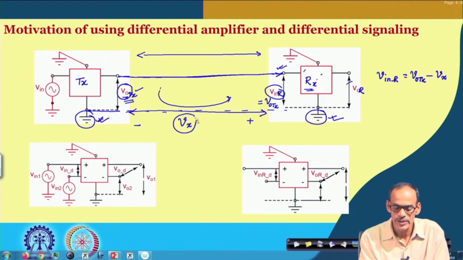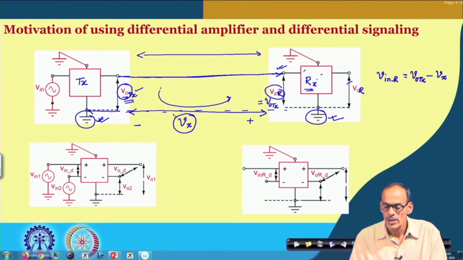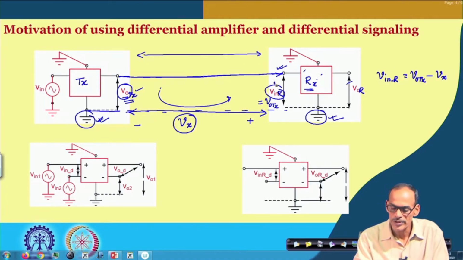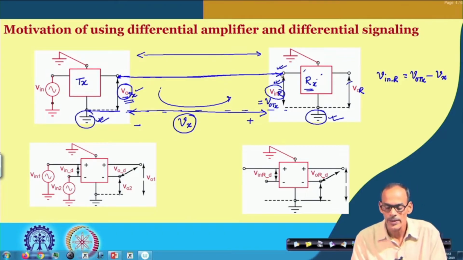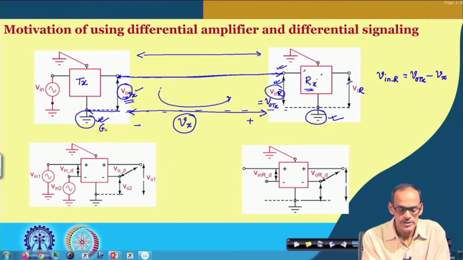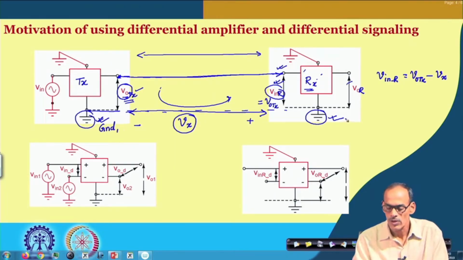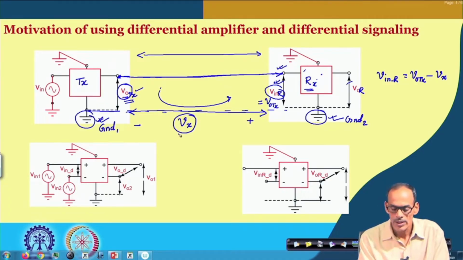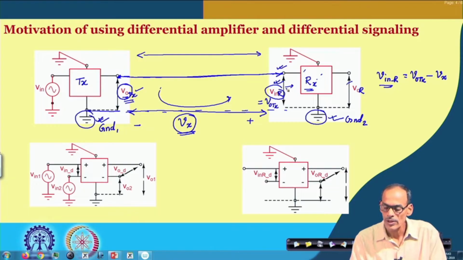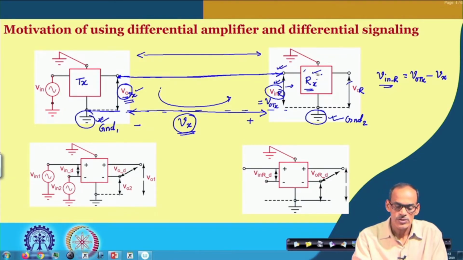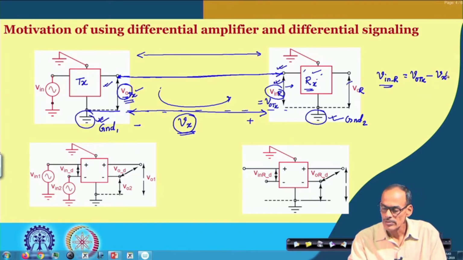So, if this V x entity is unknown, then at the receiving end, even though the signal comes from here to here without any problem, the two grounds may instantaneously be different. If the difference is V x, then the difference of the two grounds appears as input signal, which means that the receiver is not only receiving the transmitted signal, but also the voltage difference.